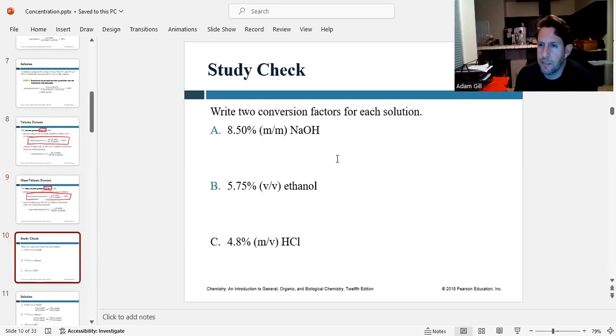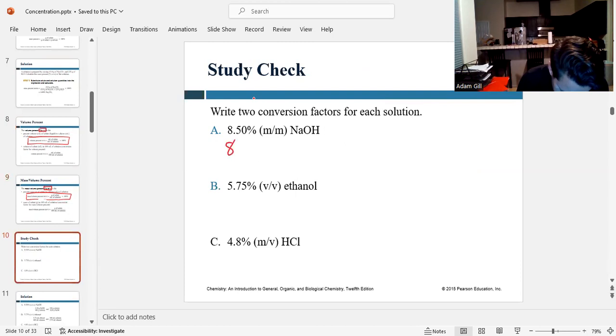All right, let's do a study check. Write 2 conversion factors for each solution. So they give you the percentage and they want you to express it as a fraction. So 8.50% M over M NaOH. Well, percent means per 100.